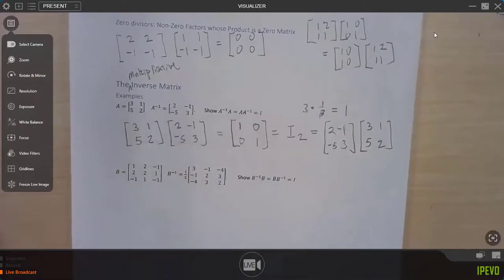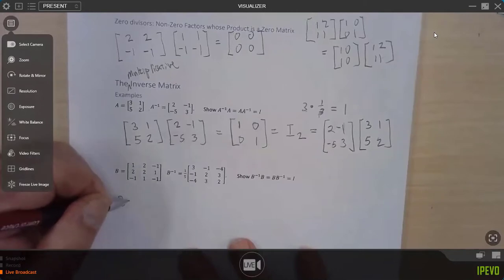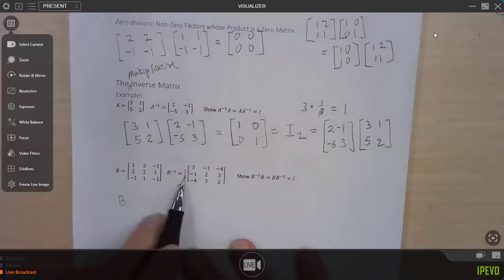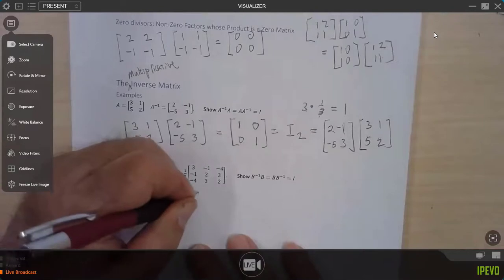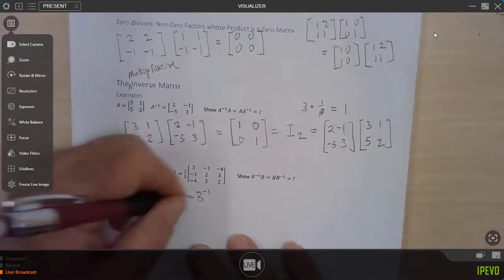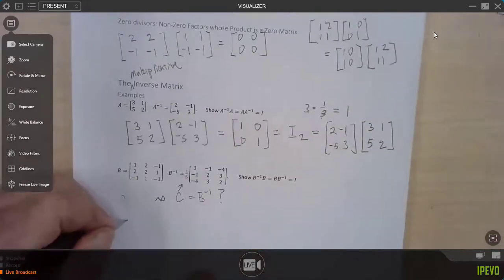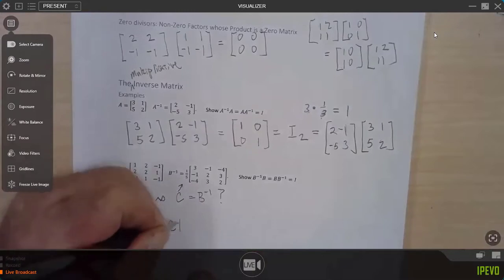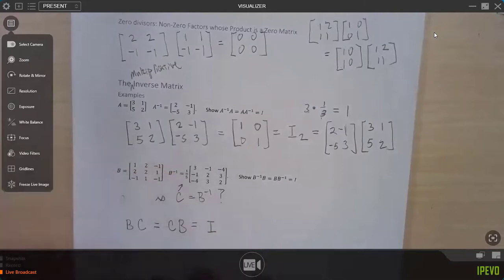If you want to prove that two matrices are multiplicative inverses, the official version of the proof would be this. Let's give this a different name for now. I called it B inverse, but that's claiming what we're trying to prove. How would I prove that C is B inverse? Well, what I would do is I'd multiply B times C, and I'd multiply C times B, and I had better get, in either case, the identity.